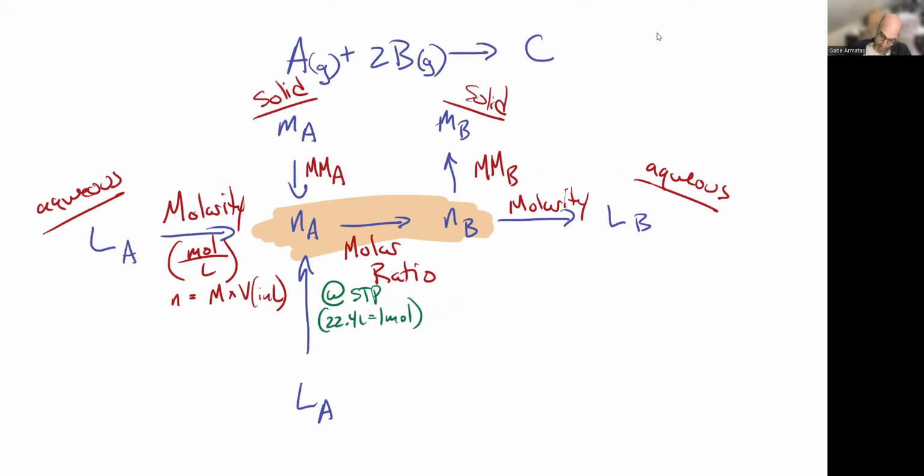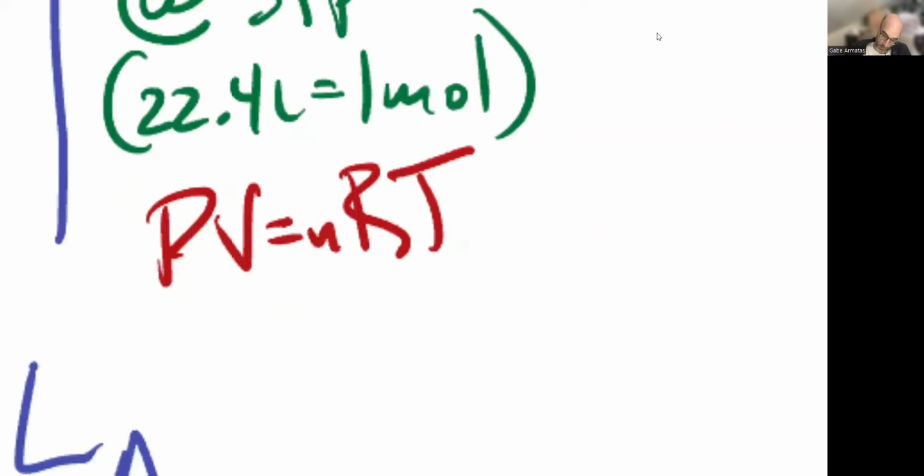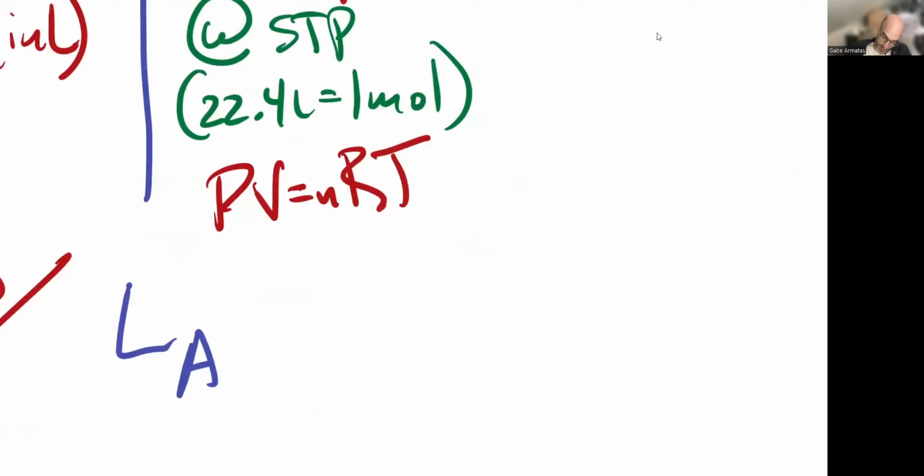My preference is to say, if I have liters of a gas to start and I want to figure out moles, we are actually going to use PV equals nRT to convert between moles and volume. This allows me to convert back and forth between moles and volume because they're both in the same equation.